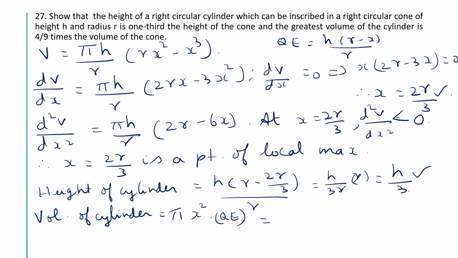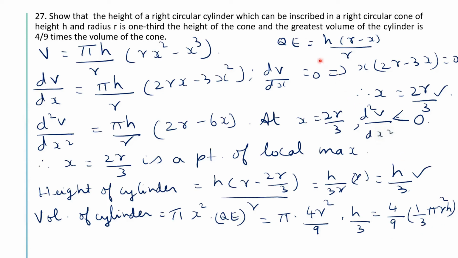So it is equal to pi into 4r square by 9 into h by 3, or it is equal to 4 by 9 into 1 by 3 pi r square h. Here 1 by 3 pi r square h is nothing but the volume of the cone. So the volume of the cylinder is equal to 4 by 9 the volume of the cone.